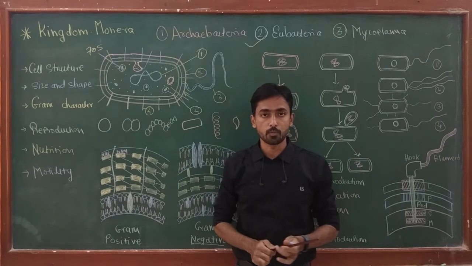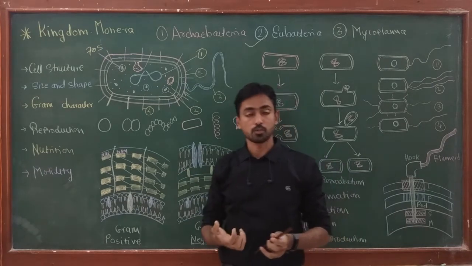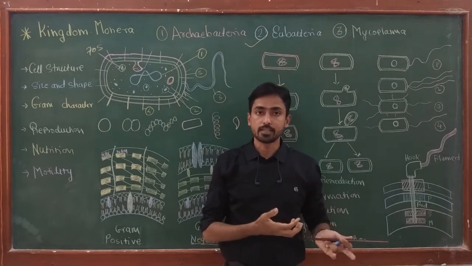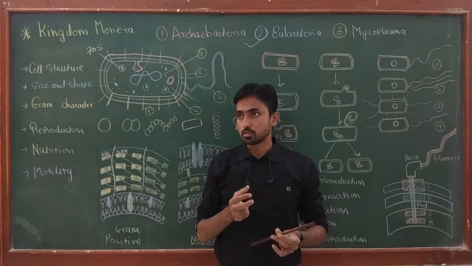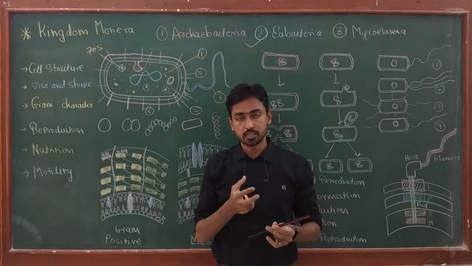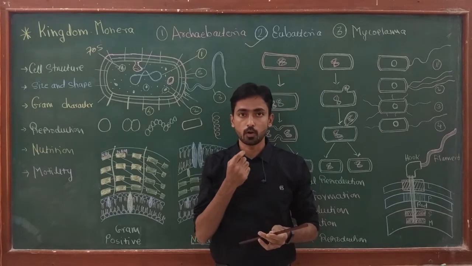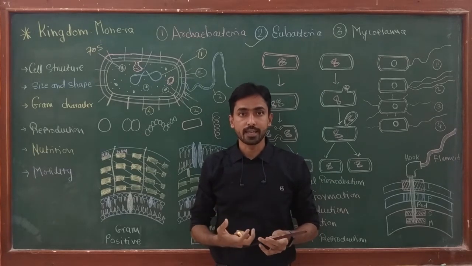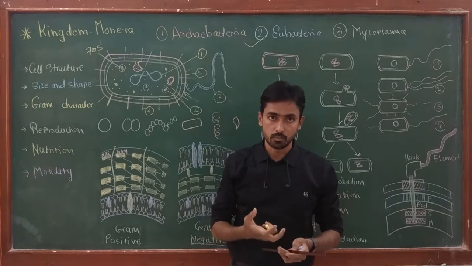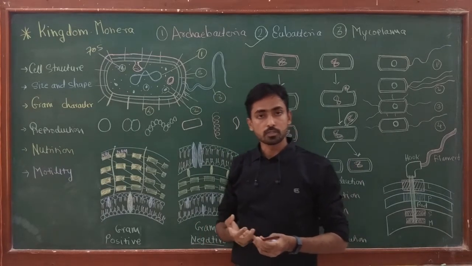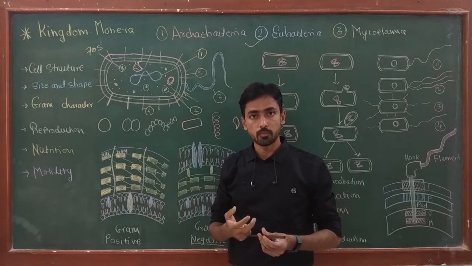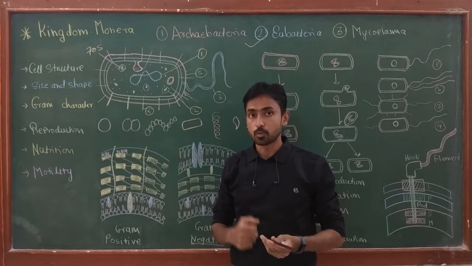There are two different types of capsules present on the bacterial surface, homopolysaccharide capsule and heteropolysaccharide capsule. Streptococcus mutans is a pathogen responsible for tooth decay, and the bacteria have a homopolysaccharide capsule, while Diplococcus pneumoniae, the pathogen responsible for pneumonia, has a heteropolysaccharide capsule.